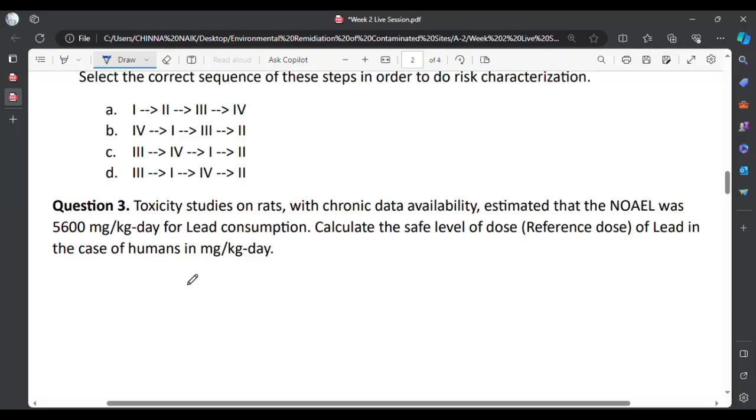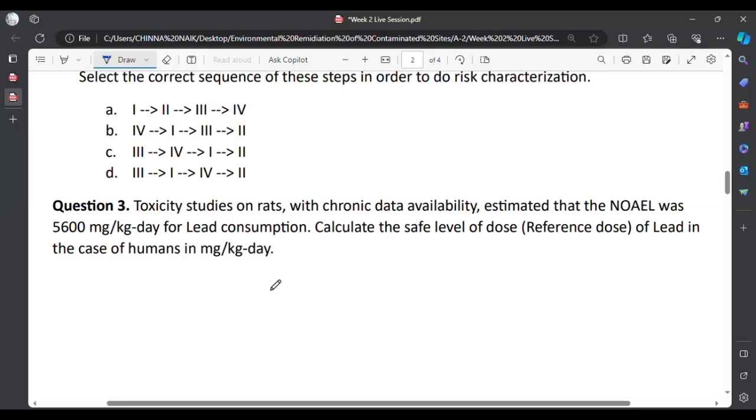We already gave the formula for calculating the safe level dose or reference dose. Safe level dose is LOAEL or NOAEL upon uncertainty factor. Here NOAEL is already given: 5600 milligram per kg per day.